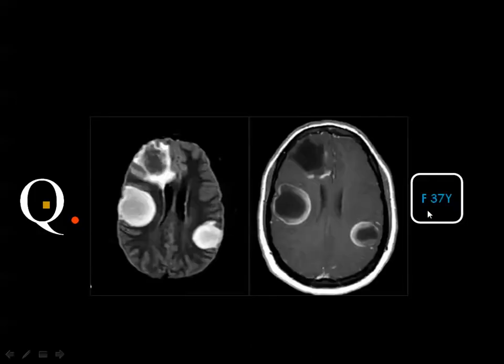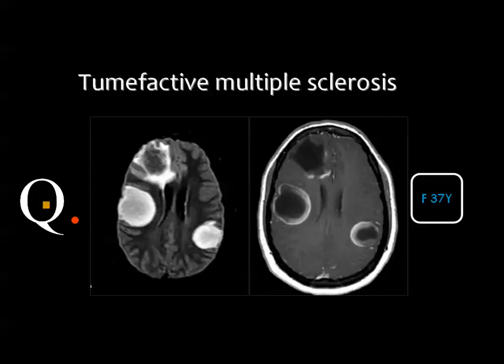Female, 37 years old. This is T2 and this is T1 post contrast. Effective MS, I have said, and you look carefully for the enhancing edge, which is sometimes the classic incomplete ring sign.